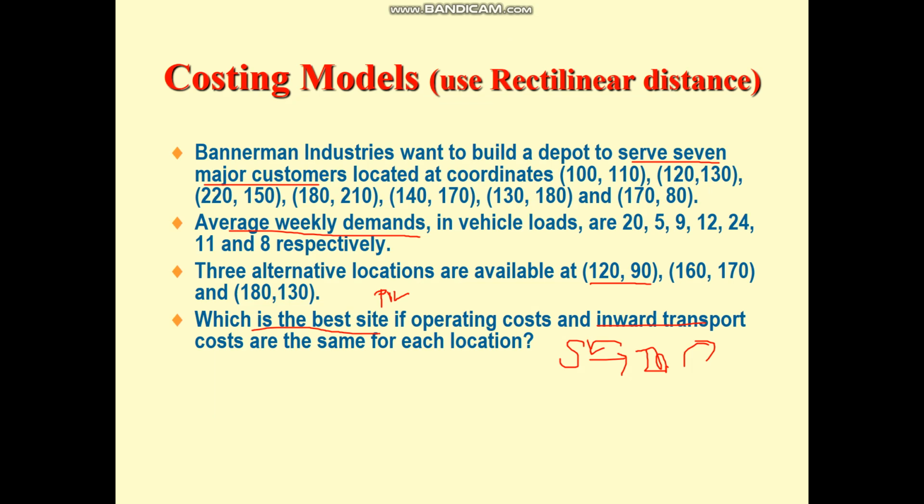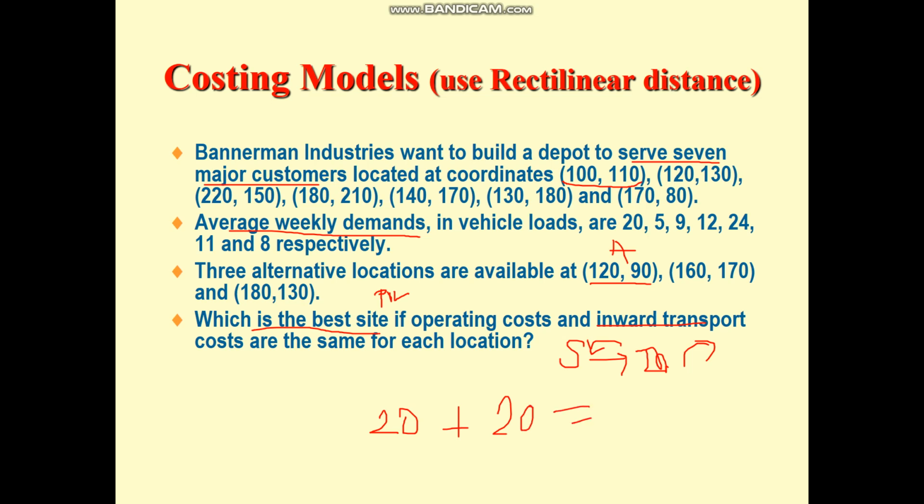So here the rectilinear distance from the first customer to location A is equal to 100 minus 120, take the absolute, so we have 20, plus 110 minus 90, which is also 20.